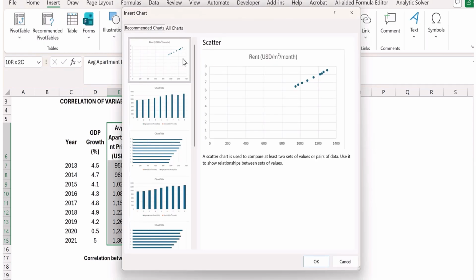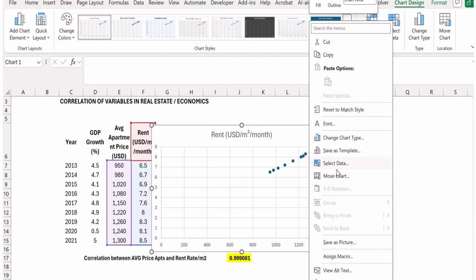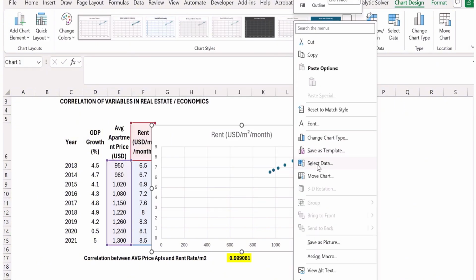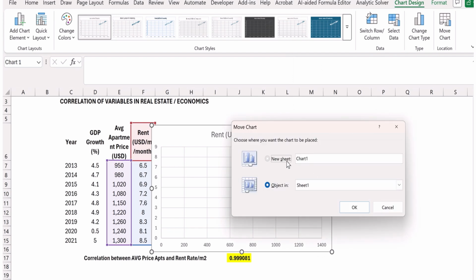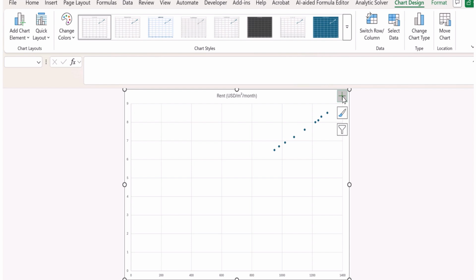So insert chart, here we are. Let's move the chart to a new sheet. So, sorry, move chart to new sheet so it's more visible. And we can add here the trend line, okay?